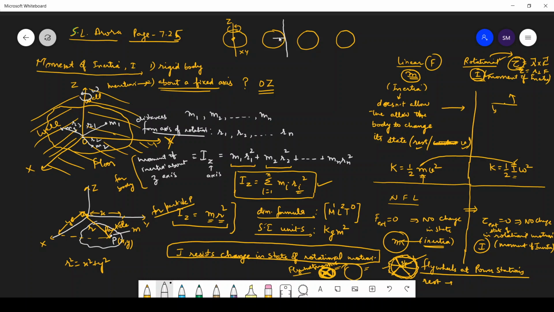It is still along the z axis, meaning parallel to z axis. It is still parallel to z axis, students, and it is tangential. Okay, so these are the four things that are possible.